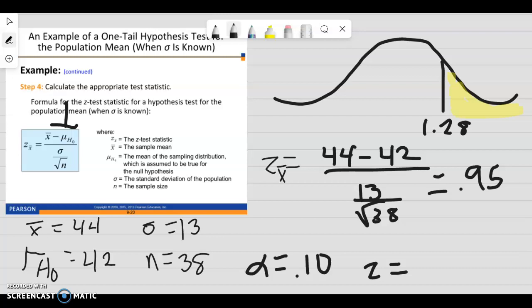And our test statistic, 0.95, would be somewhere below 1.28. Okay, so if it's in this area over here, we would reject it. But since our test statistic 0.95 is over here, we fail to reject it, or we do not reject it.